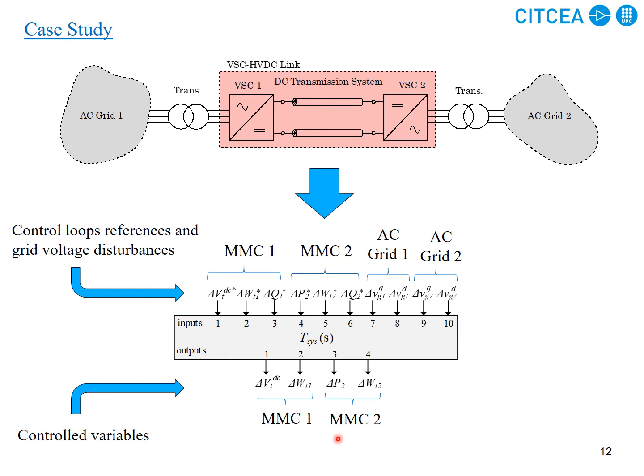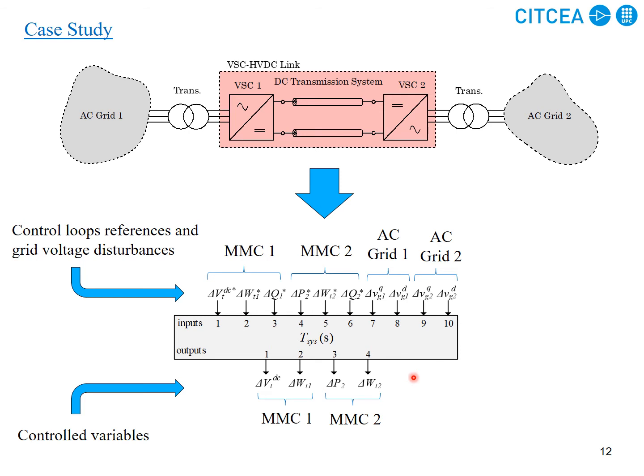On the output, we choose these 4 variables, 2 from MMC 1 and 2 from MMC 2, because we observe that the dynamics of these 4 variables are dominant in an HVDC link. There are also inner current control loops. They also have references, and they are also controlled variables.